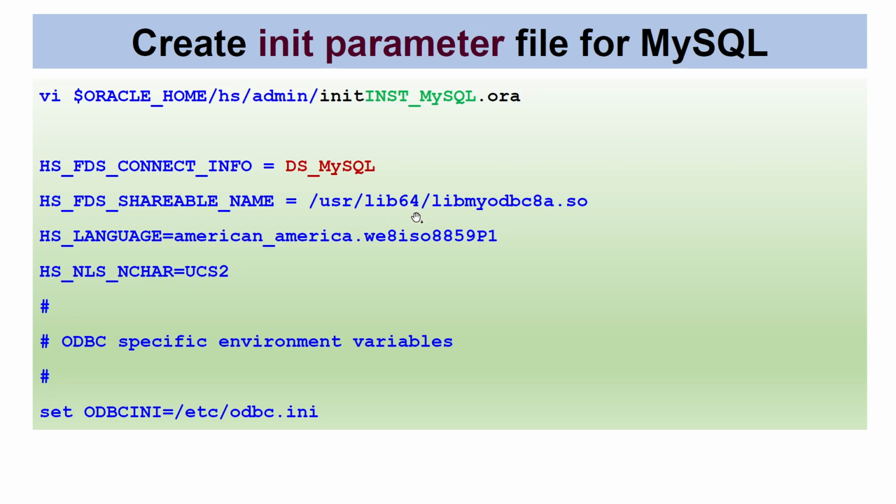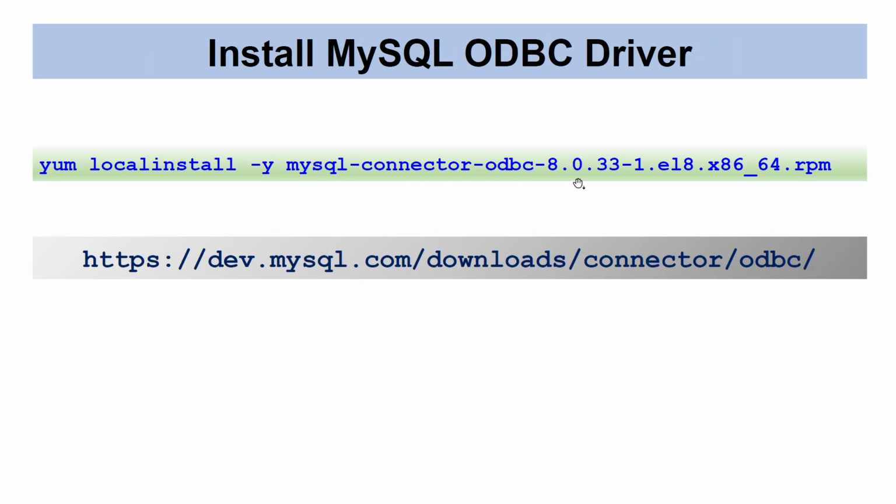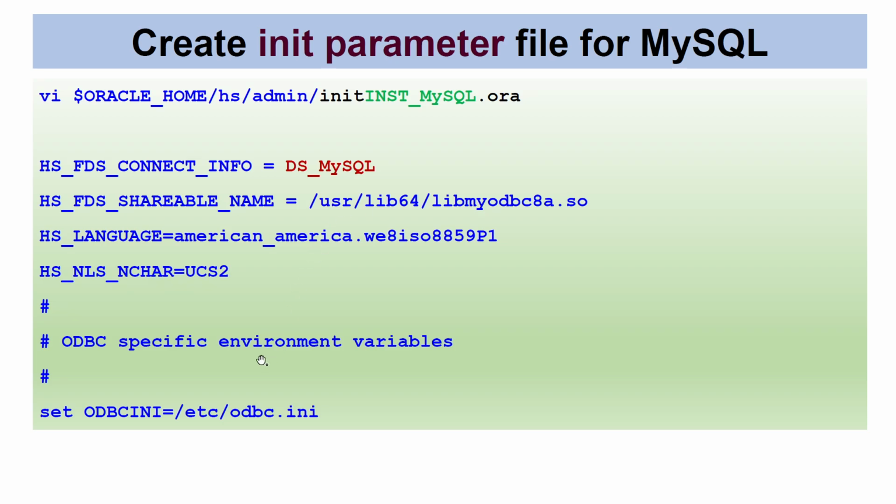Here, this ODBC library is the same which I have used here, and once you have installed this, you will get that particular library. Then we are also setting the ODBC ini. So where to look for that ODBC entry? We are telling the init file to look for that particular ODBC entry in etc odbc.ini using this parameter.